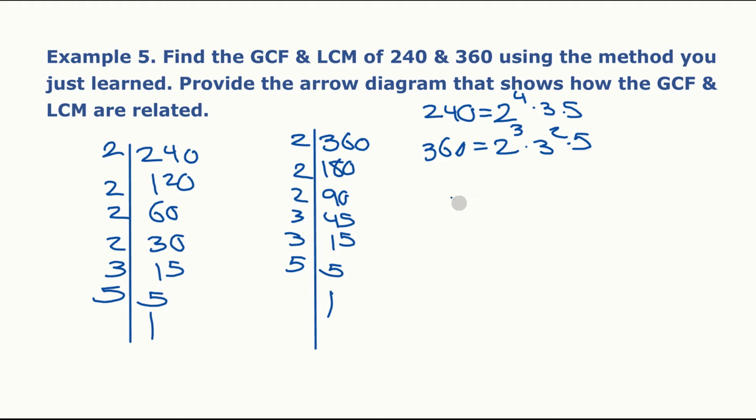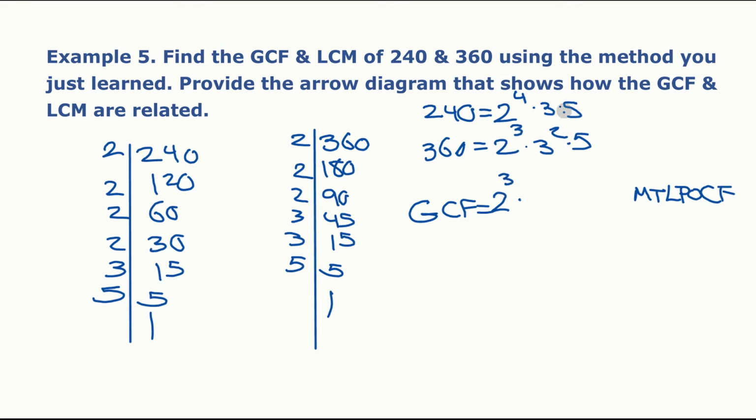All right, so now we're going to go for the procedure. So for the GCF, we're going to multiply the lowest powers of the common factors. So which factors do they have in common? Well, they have all 3 factors in common, but the lowest power of 2 that we encounter in the 2 factorizations is 2 cubed.